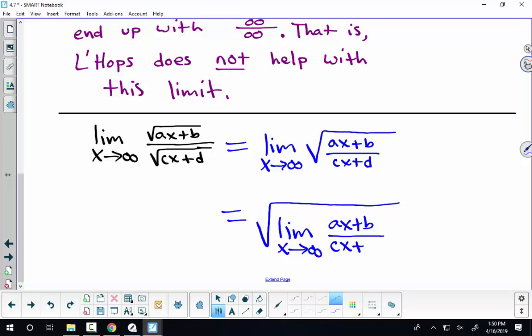So ultimately, all we're doing is computing the limit on a rational type function, ax plus b over cx plus d, as x goes to infinity. That limit is what?